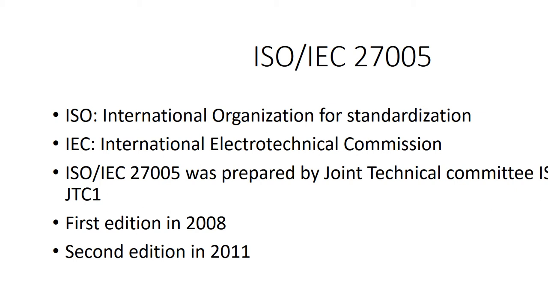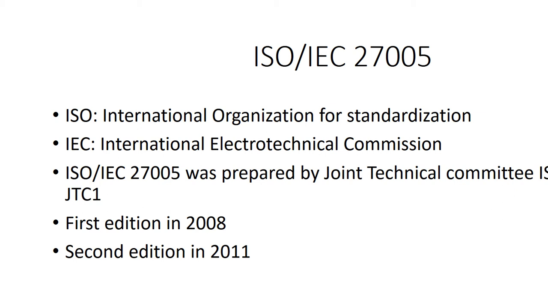Okay, so ISO stands for International Organization for Standardization, and we often write it as ISO/IEC 27005, and IEC stands for International Electrotechnical Commission. So this framework was prepared by the Joint Technical Committee, ISO, IEC, JTC1, and they are responsible for writing or creating many international standards all over the world.